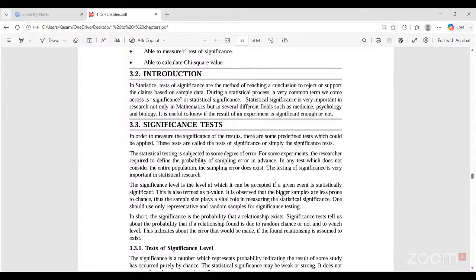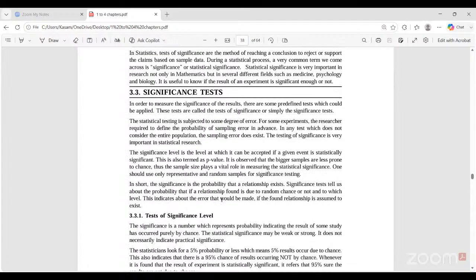The test of significance is very important in statistical research. The significance level is the level at which an event is accepted as statistically significant. This is also termed the p-value. Bigger samples are less prone to chance, so sample size plays a vital role. We can apply the chi-square test and other tests on representative random samples.